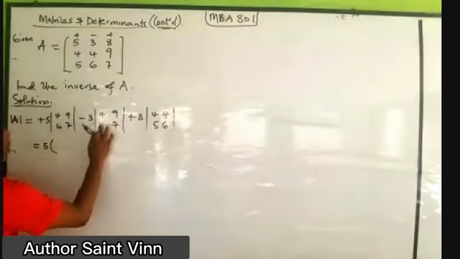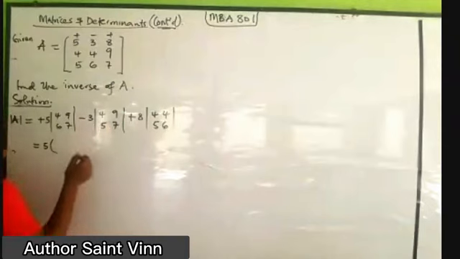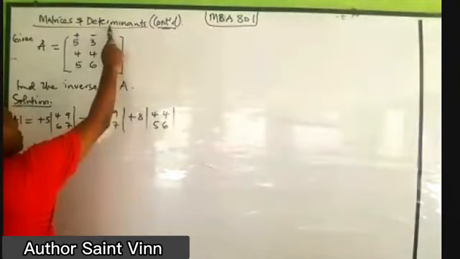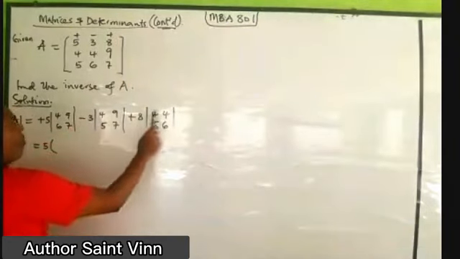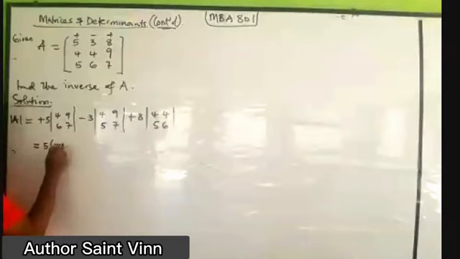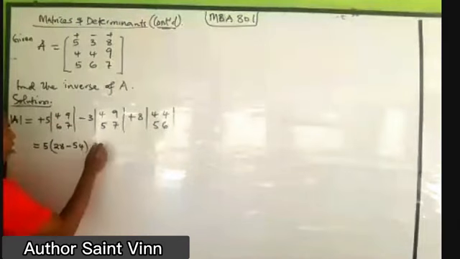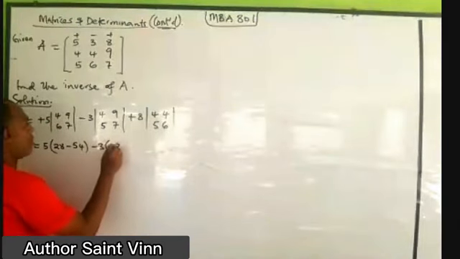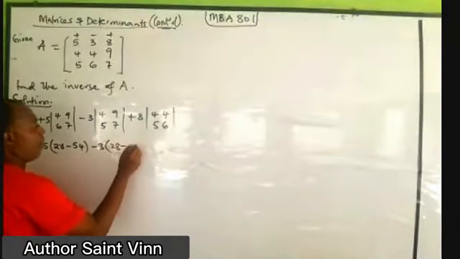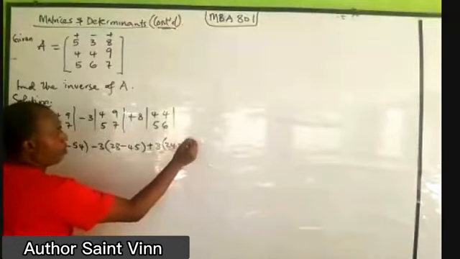Then 4, 4, 5, 6, 7. We all know this. We are not just starting this. Minus 3, 28 having minus 45, plus 8, 24, minus 20.